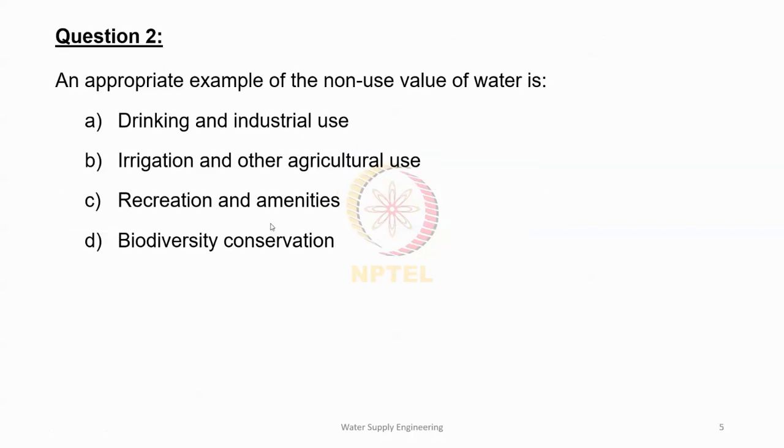Question number two. An appropriate example of the non-use value of water is option A, drinking and industrial use. Option B, irrigation and other agricultural use. Option C, recreation and amenities. Option D, biodiversity conservation.